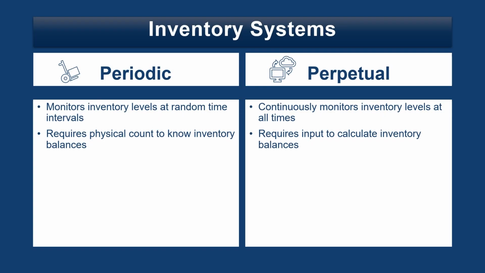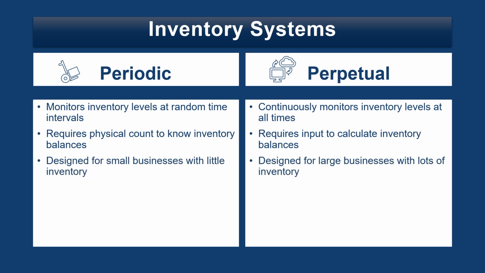Now, that is going to be very challenging for a big business. So something that I will mention is periodic systems aren't for huge retail space, right? It's not for big businesses. Periodic systems are for small businesses, not large retail businesses.